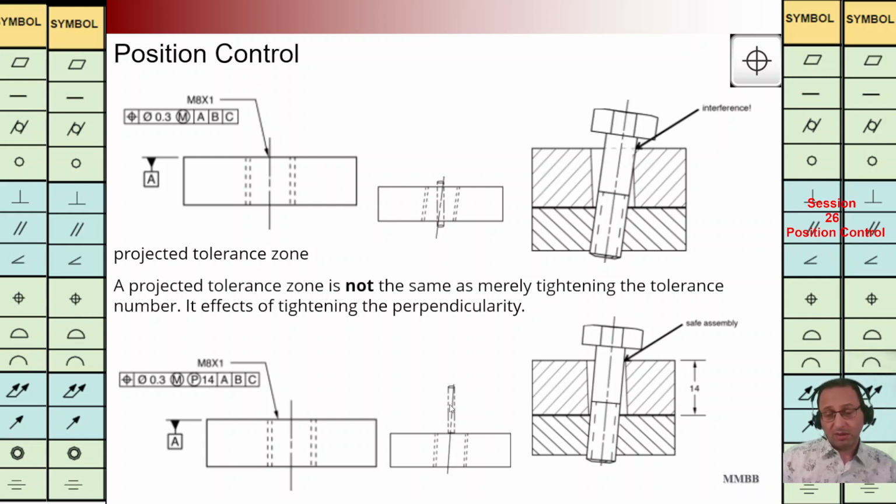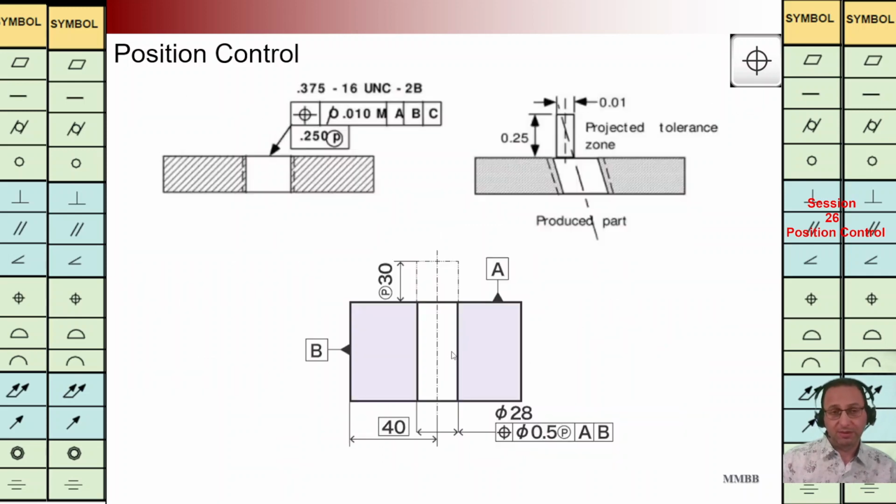At bottom middle, it is shown this cylinder with a diameter of 0.3 and, let's say, height of 14. The axis of that hole or threaded hole should be in that cylinder in order to avoid any interference. Here at the top we are going to have another example.